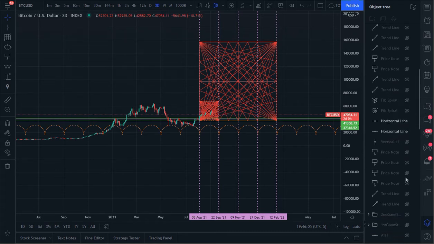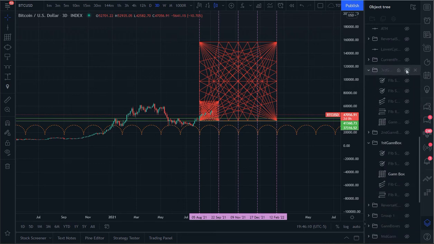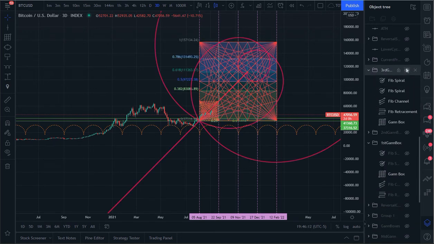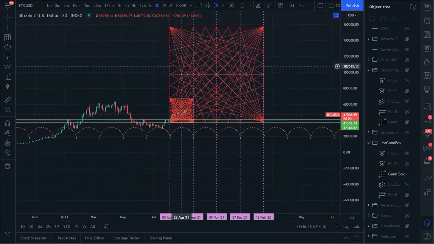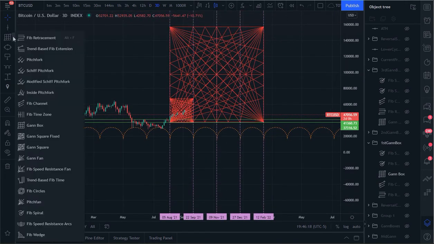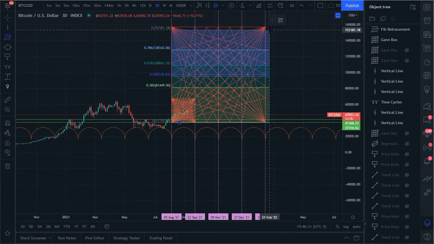I think I already have the big one, but let's see if I have it, the third Gann box. Yes, it's here. So the same way I did earlier, I will use the retracement, touching this as 25, because I need the golden retracement for both.